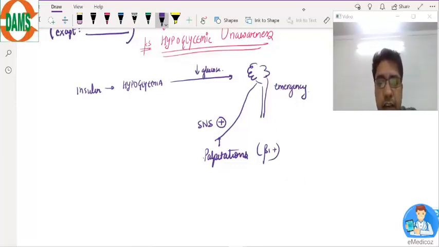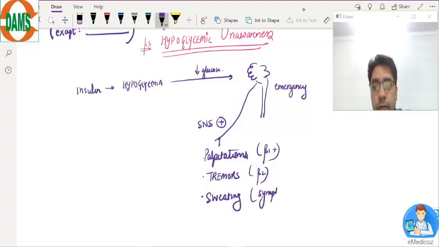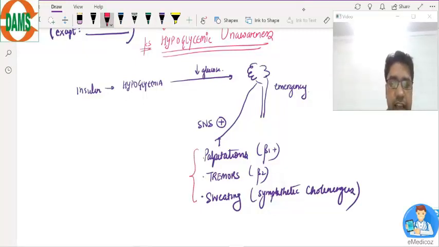There will be sudden tremors, beta 2. And there will be sweating. Which sympathetic nerves produce sweating? I have told you. Sympathetic cholinergic nerves.